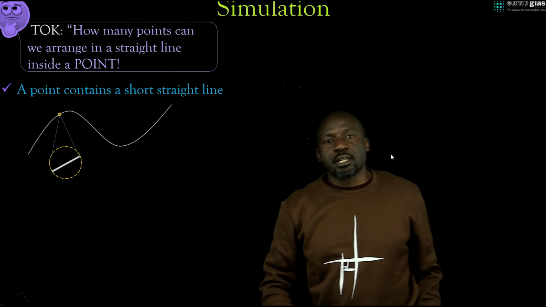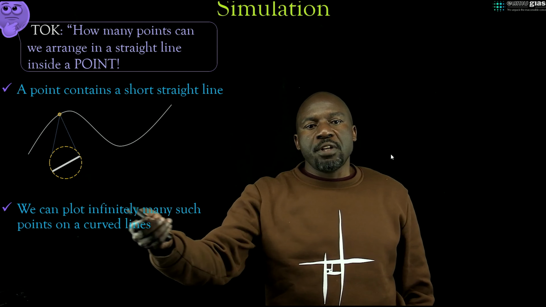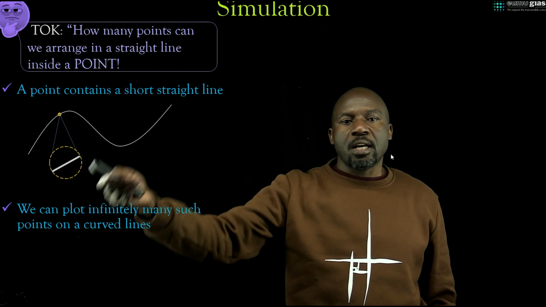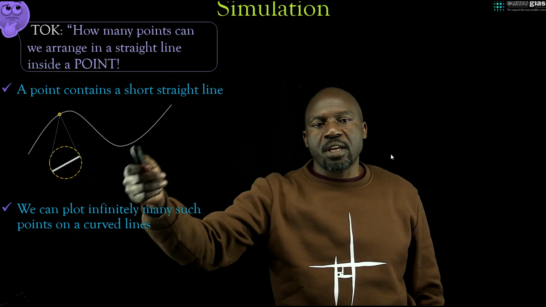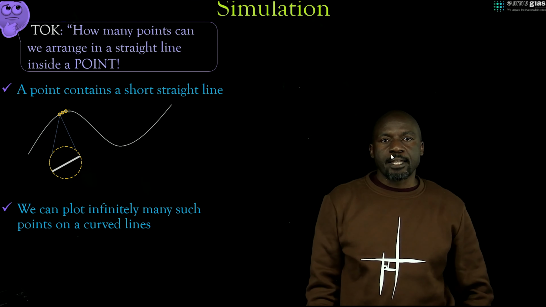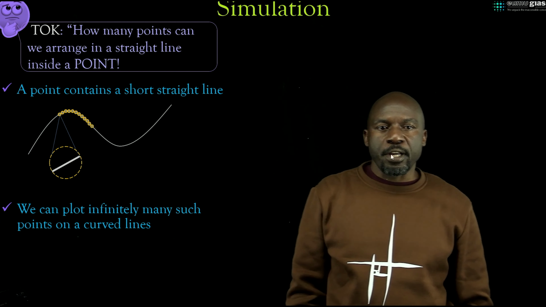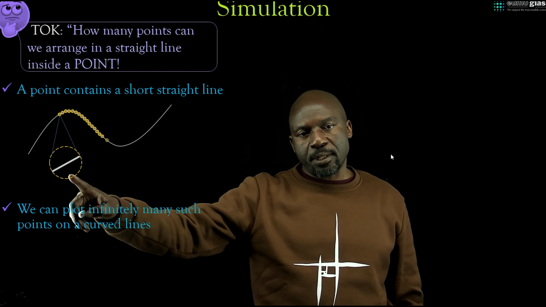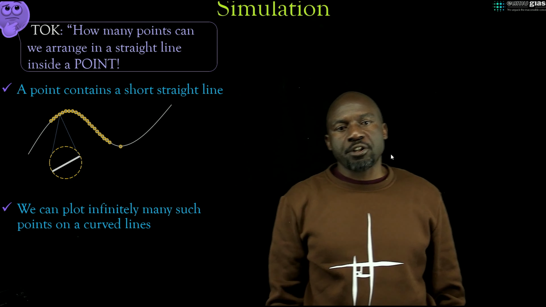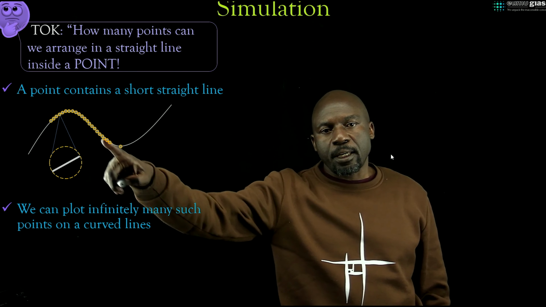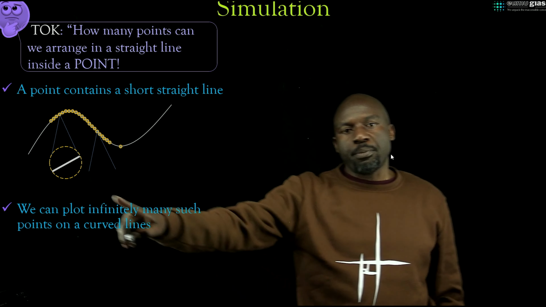So as a matter of fact, we can plot infinitely many such points along a curve. So this is just one of them, but I could have so many of them along the line like that. All right? Each of those points is actually a straight line just like this. Okay? The only difference is that they face different directions, so that at a point like here, the line might be facing a completely different direction compared to this.